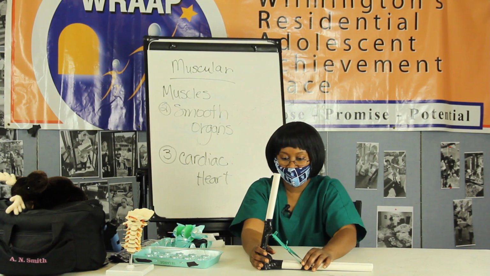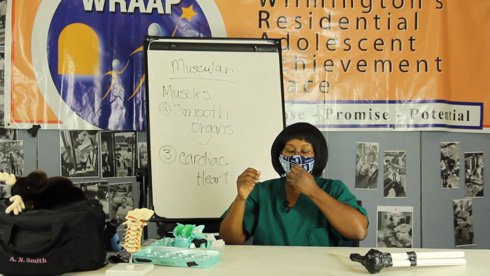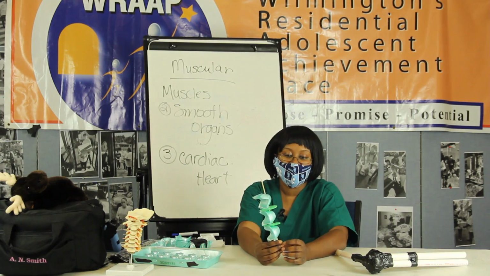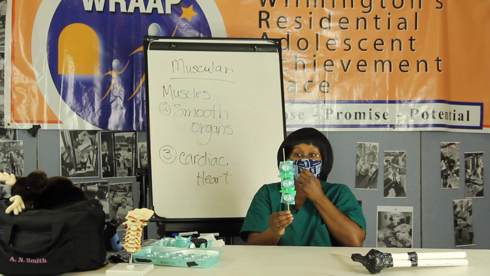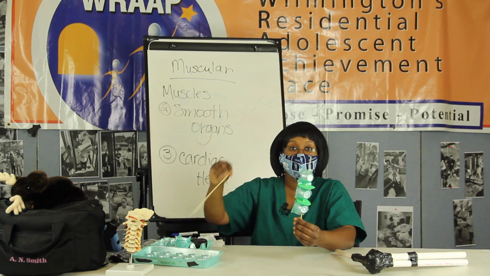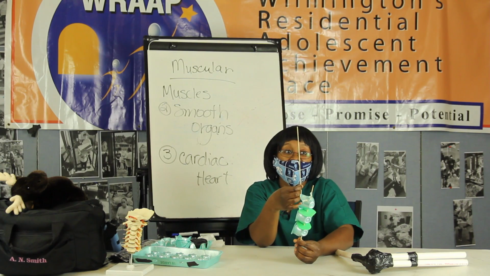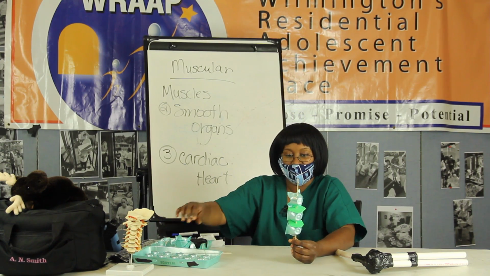Now, we talked about the long bones, but let's use a different type of bone. I actually made a spine just with things around the house. I had some skewers, little sticks that you can use for kebabs or whatever you put, meat, fruit, vegetables, whatever it is you want on it.